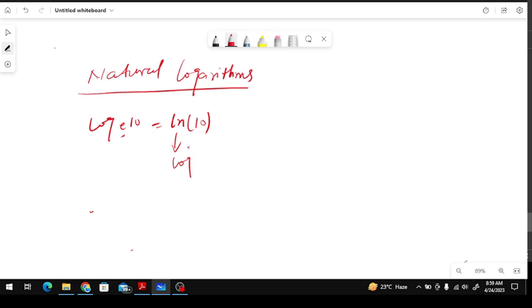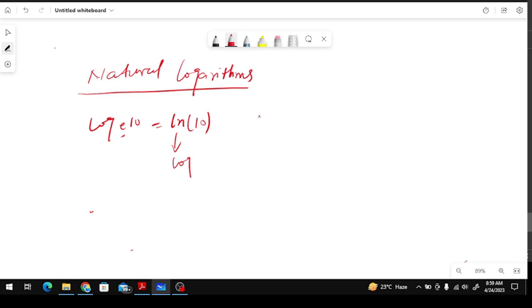To specify the natural logarithm, rather than express log base e of 10, and to find the power raised on e to get 10, we would use the shorthand ln 10.